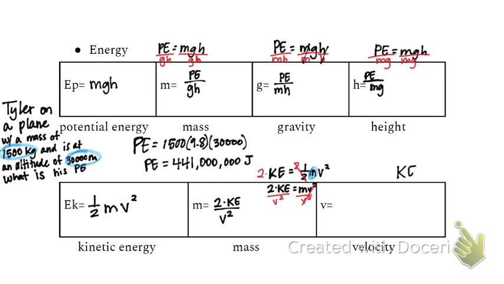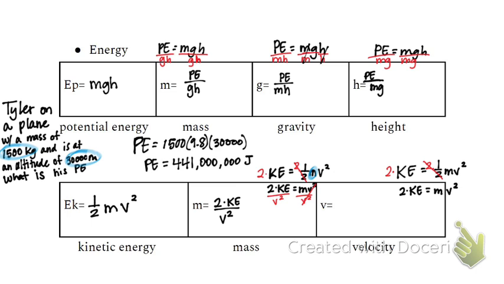Starting this one again, kinetic energy is 1/2 mass times velocity squared. What needs to happen to get velocity by itself? We still need to multiply. So we have 2 times our kinetic energy equals mass times velocity squared.